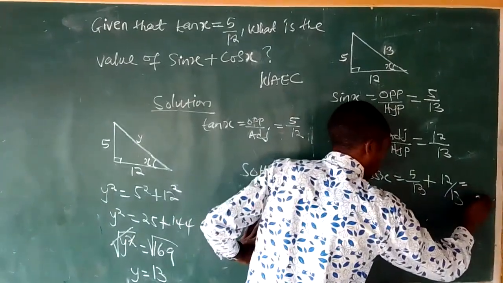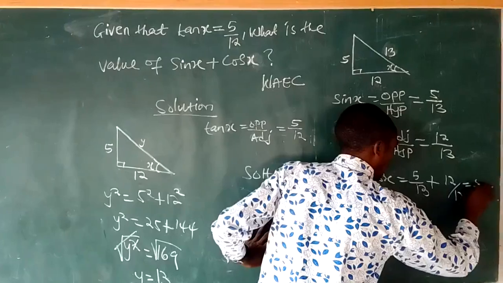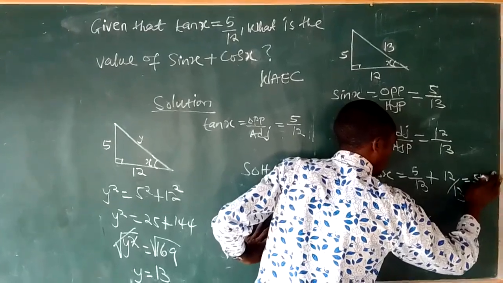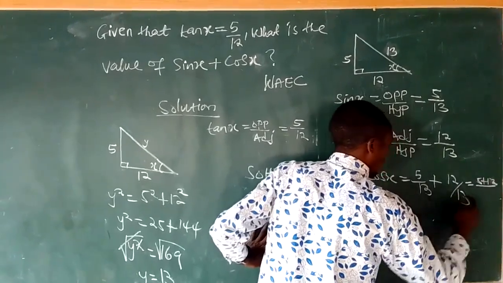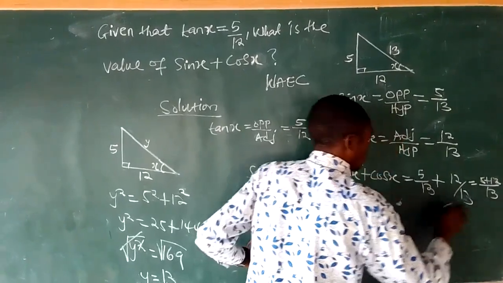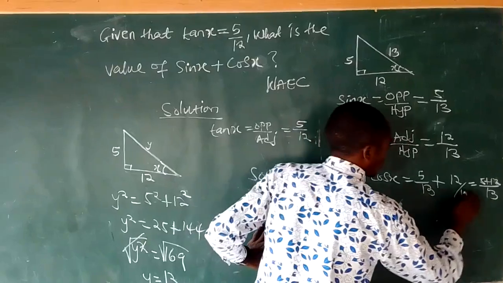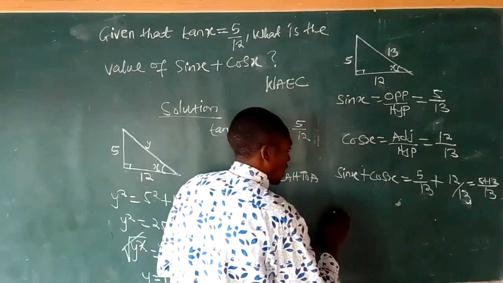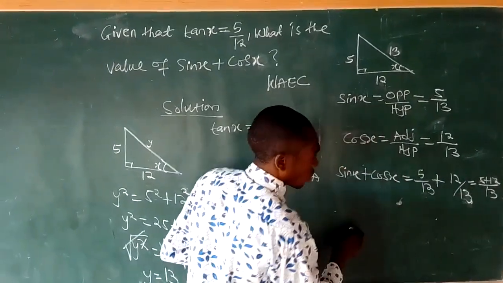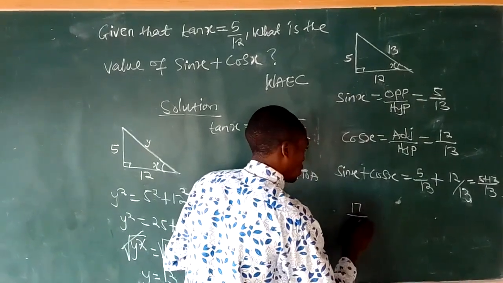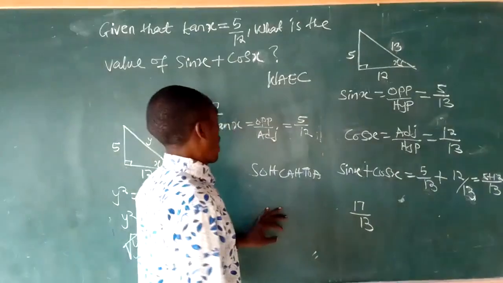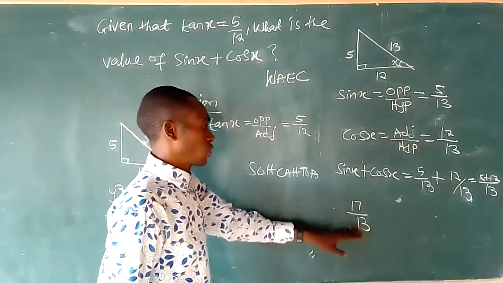We have 5 plus 12 over 13. Even if you find the sum of 13 and 13, it's still going to give you 13. So we have 5 plus 12, which is equal to 17. So our value is going to be 17 over 13.